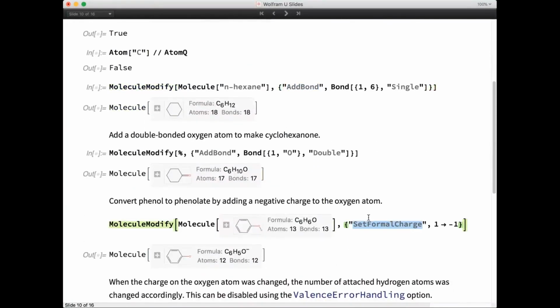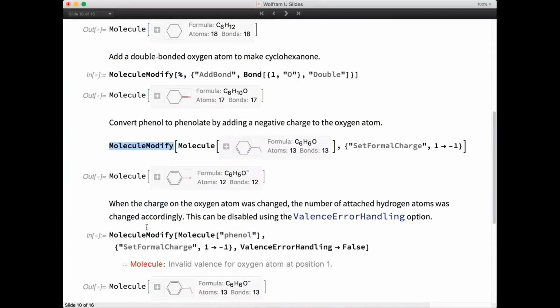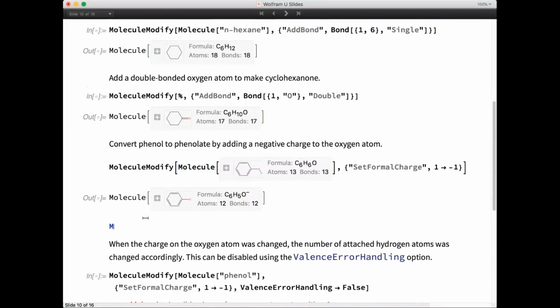You can set the formal charge. All of these are listed not only in the documentation page, but they're also available through auto completion. So we say molecule modify mol, and then start quotation marks, and it opens up all of the different types of modifications that are available.